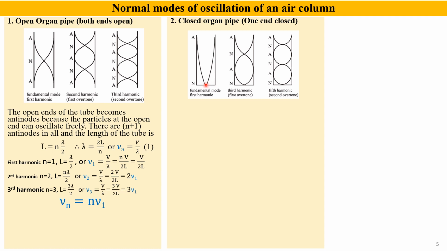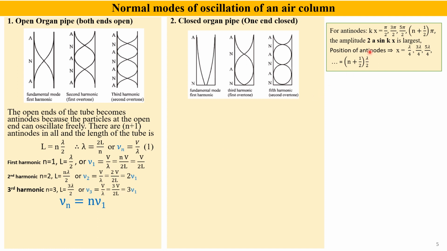Hence, the amplitude at the bottom is 0, and where the amplitude is 0 it is marked as a node. The other end is open, and at the open end it is an antinode. The distance between the node and antinode in this case is capital L, that is the length of the pipe.